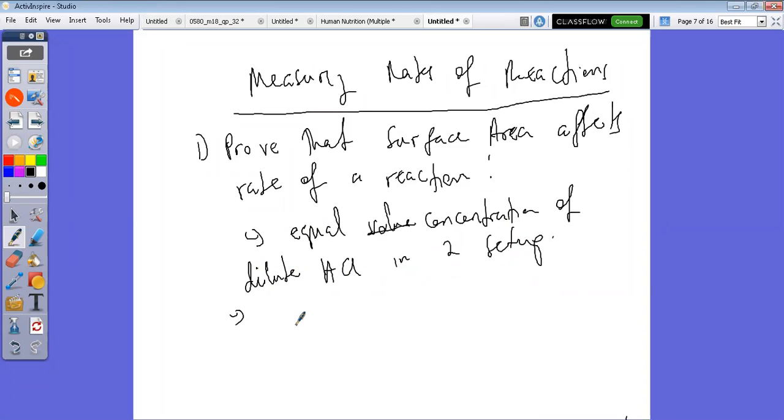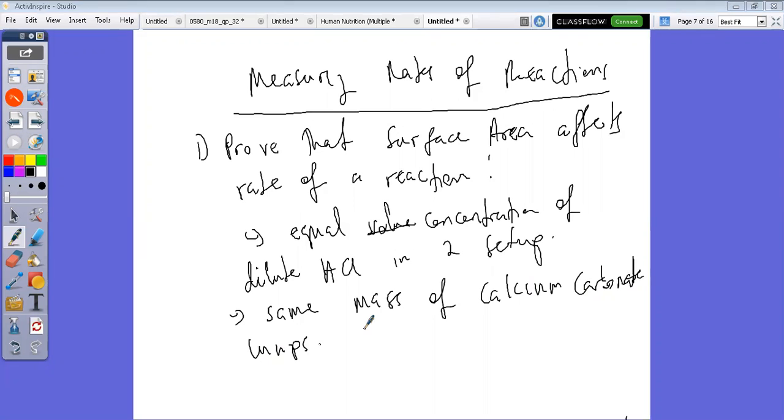Number two, now we have to use the same mass, so we have to measure the mass. Same mass of calcium carbonate, which is white. You've seen that in labs. Lumps.